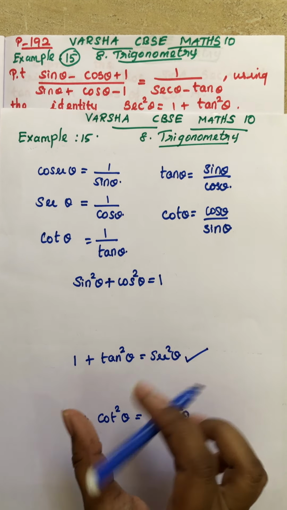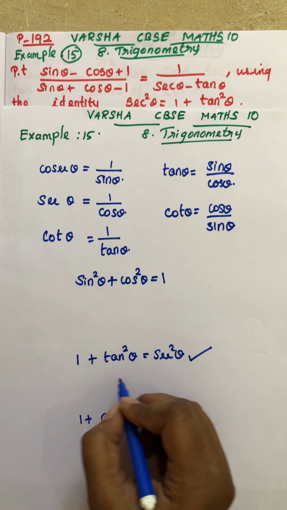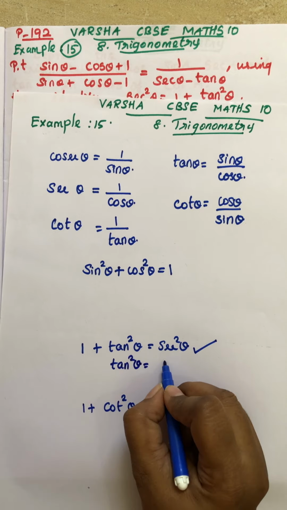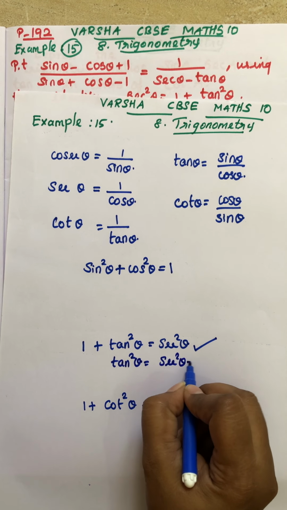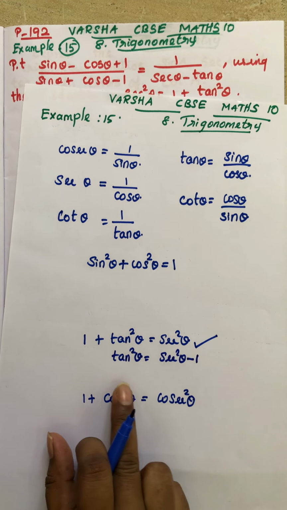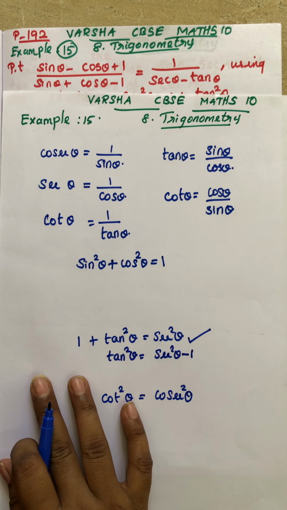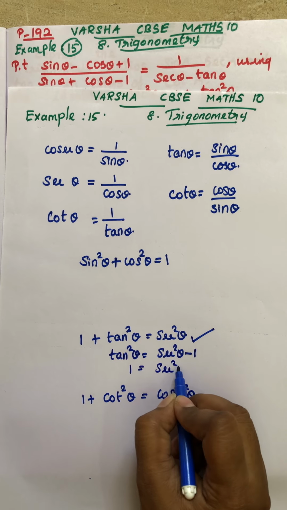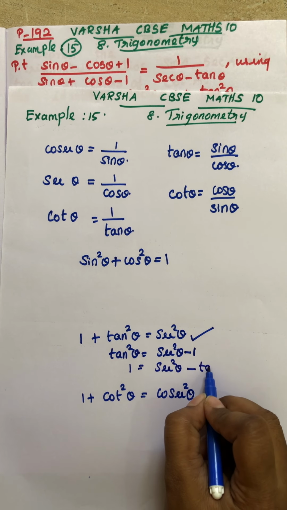So you can bring out two more identities. Tan square theta equal to secant square theta minus 1. Do you understand this step? And then, 1 equals secant square theta minus tan square theta.